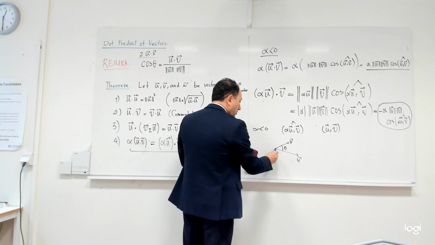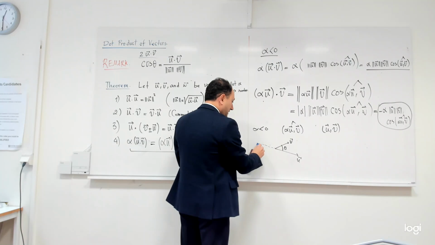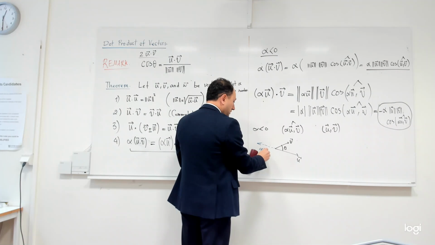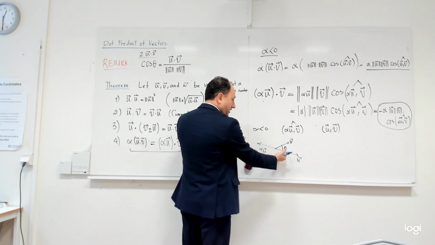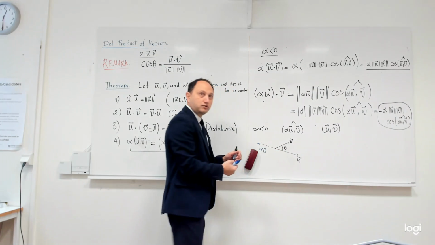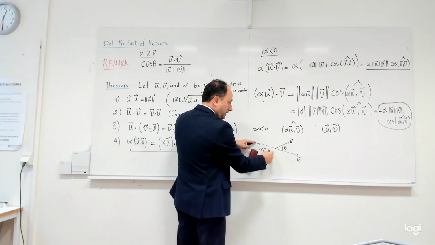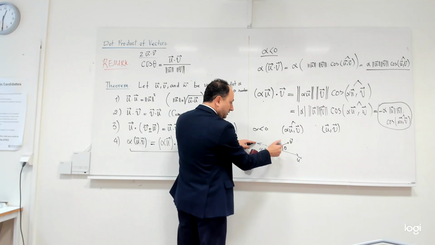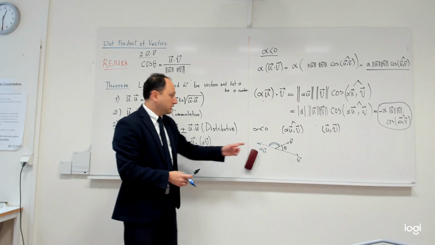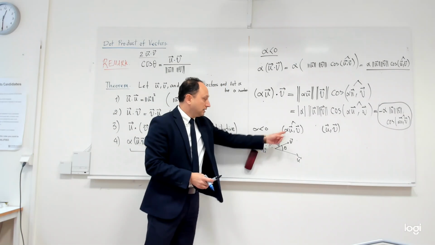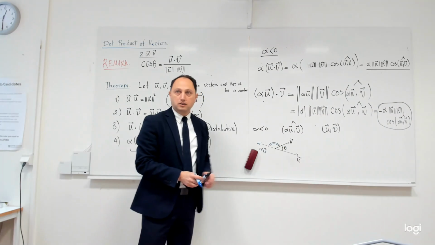So I don't know the length, but the direction of alpha u, regardless of this length, shorter or longer, would be that direction. Now if I ask you what is the angle between alpha u and v, you shouldn't point to this angle, you should point to this angle. Yes? And then you can see that this angle is 180 minus the other angle.